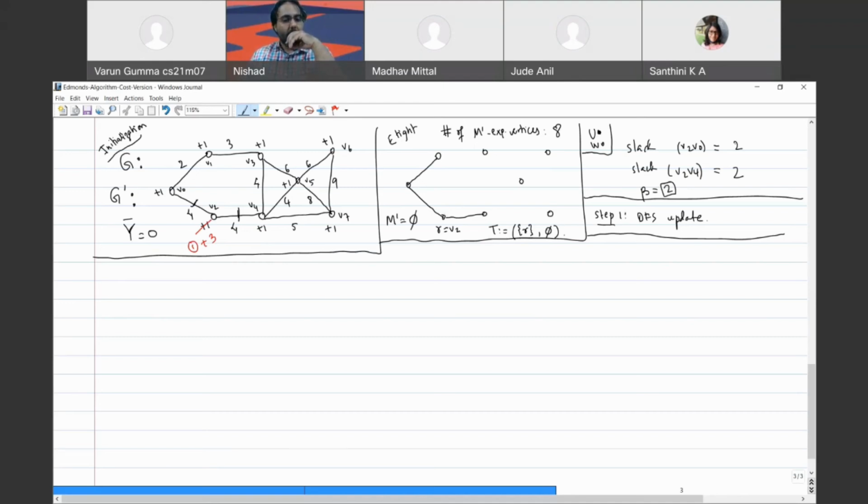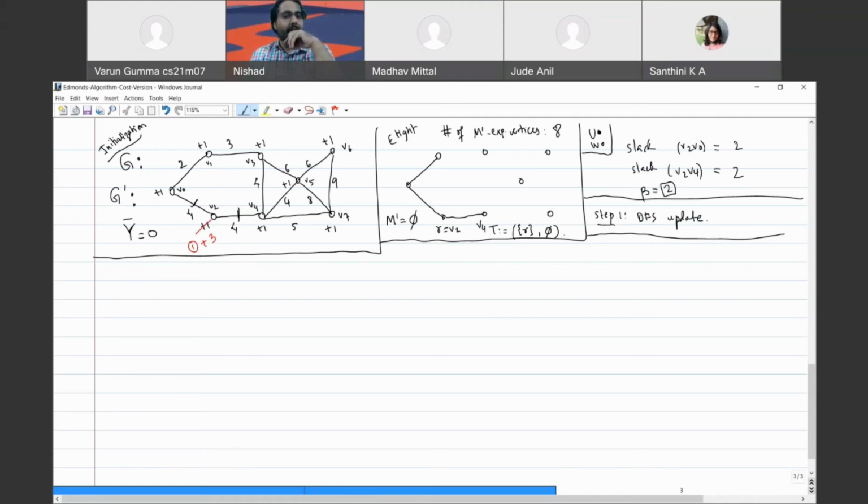So now let's look at the tight graph and let's see if we can do anything interesting. So the root is still the vertex v2, and now we actually have an edge joining v2 and v4, which is a tight edge. So I can add this edge to my matching.